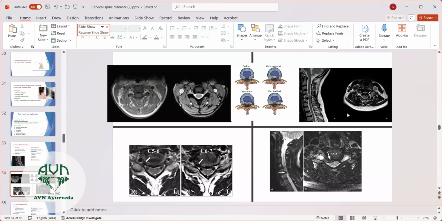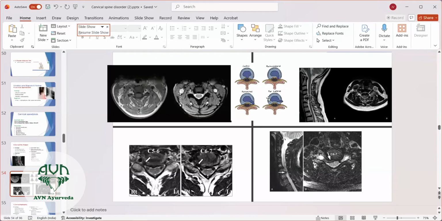If the herniation is posterolateral, we can observe motor deficit. And if the prolapse is central, that may lead to cervical myelopathy.